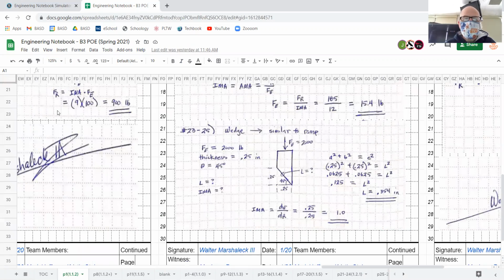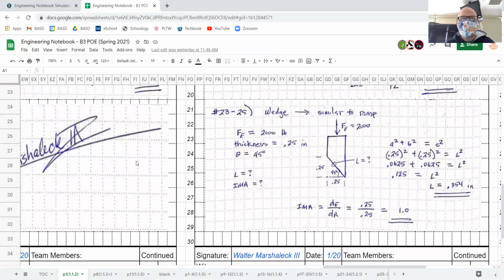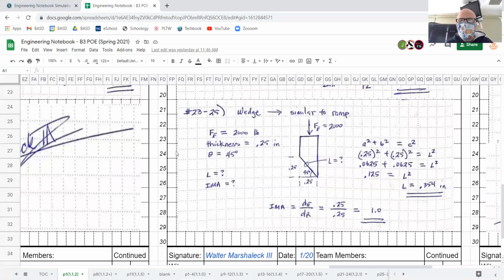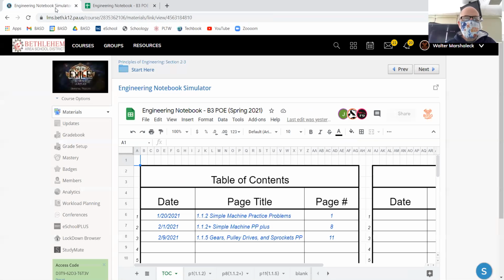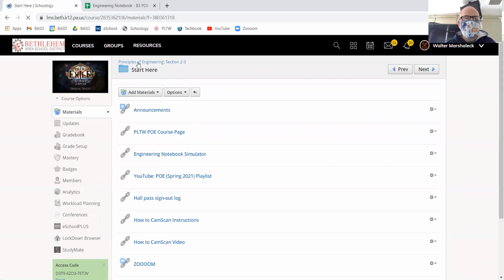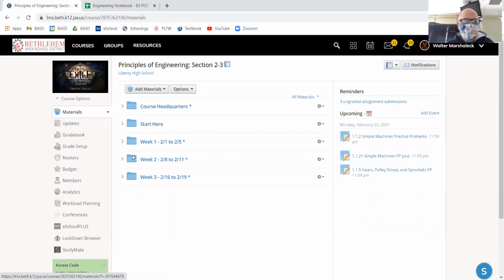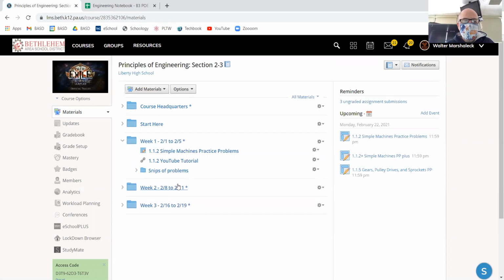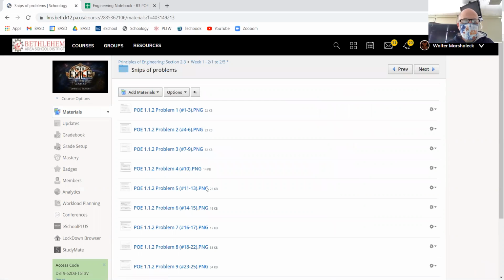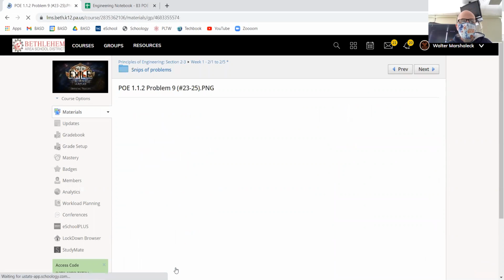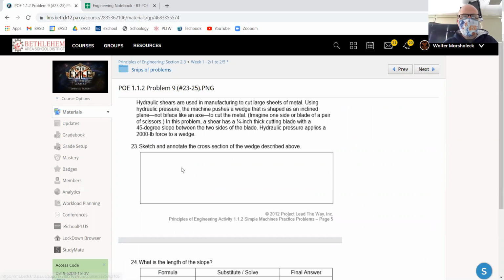Now, what I want to do is explain how I took that problem, problem number 9, the hydraulic shears cutting metal, imagine one side of a scissor, a shear of 1/4 inch thick, 45-degree slope.